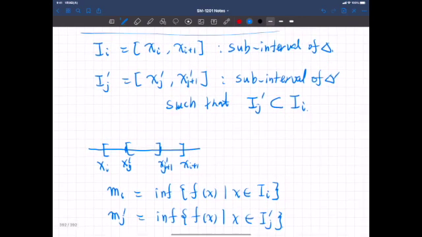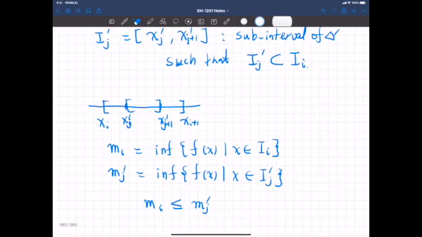Why? Because this former subinterval covers a wider area, right? A wider range of values. So if x is something like this, then the infimum mi is at least as small as the infimum within this range, ij prime.